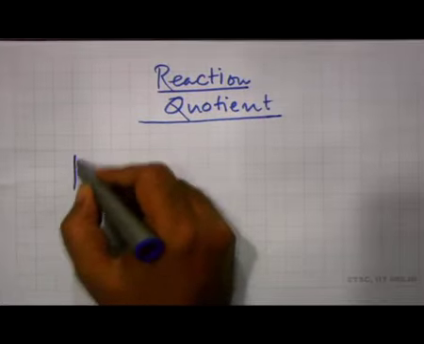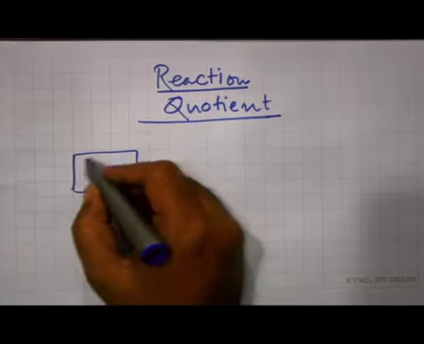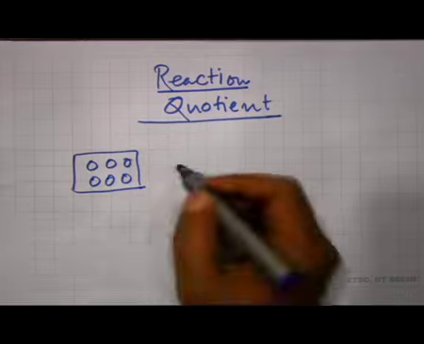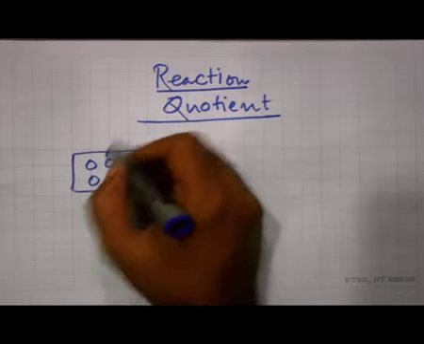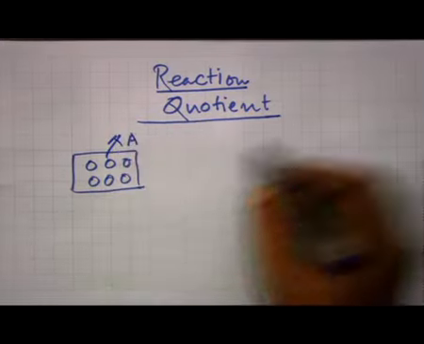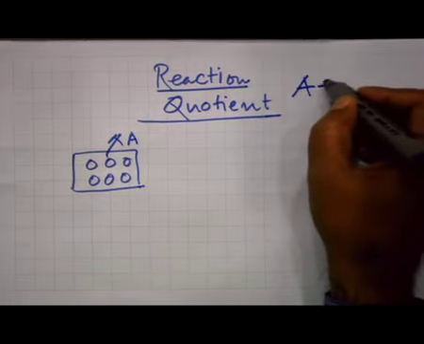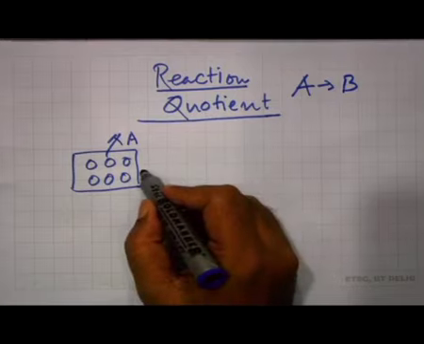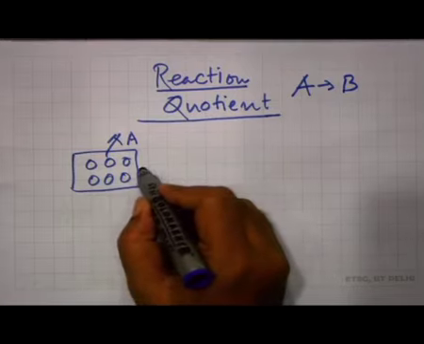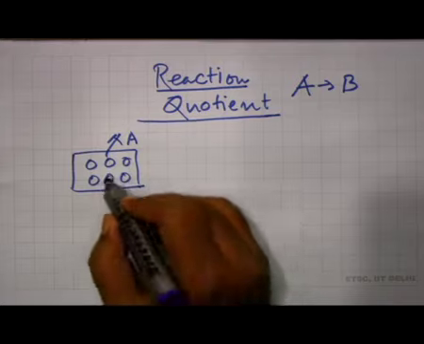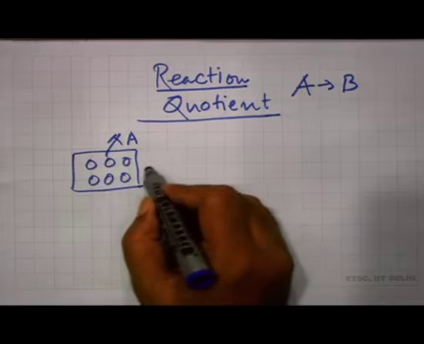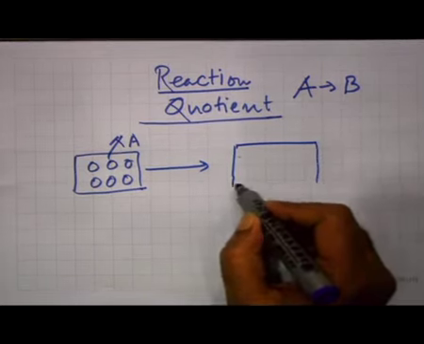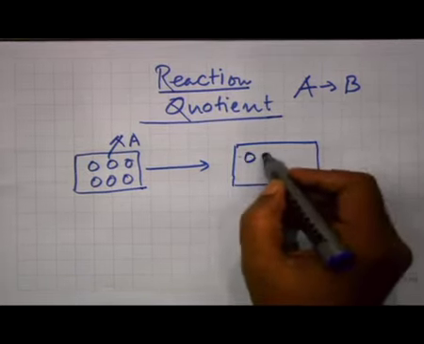So, I told you that if I start with some reactant A, I am talking about a reaction A going to B, and suppose we start with only reactant A in the box, what will happen is this will convert to B first.